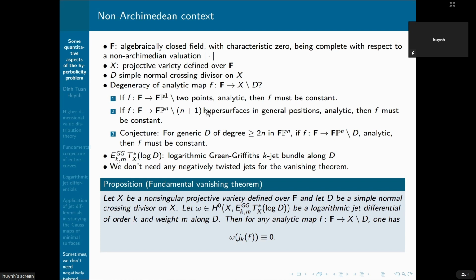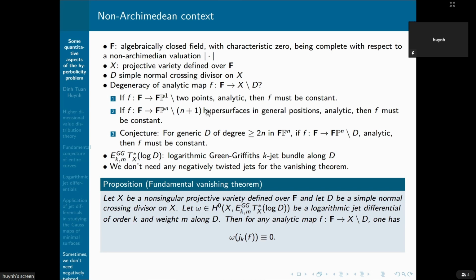So the analog of the Kobayashi conjecture in this non-Archimedean world is just: for generic D of degree at least 2n, if an analytic map from F avoids D in P^n, then it must be constant. In this setting, we still build the logarithmic Green-Griffiths k-jet bundle.